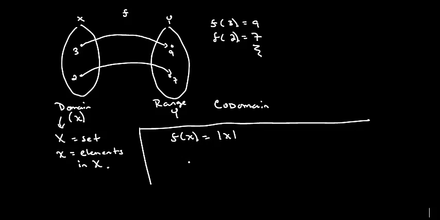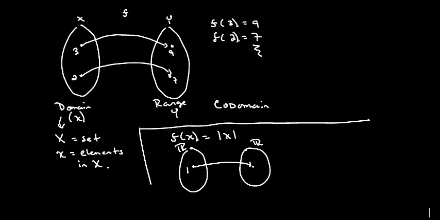Well, if you take a look at this, we might take the real numbers and we want to map them also onto the real numbers. So like the number 1 comes over here and it maps onto the number 1. The number -1 also maps onto 1, and that's fine.